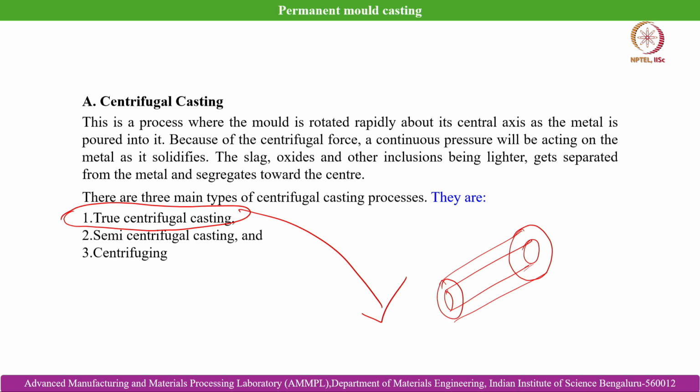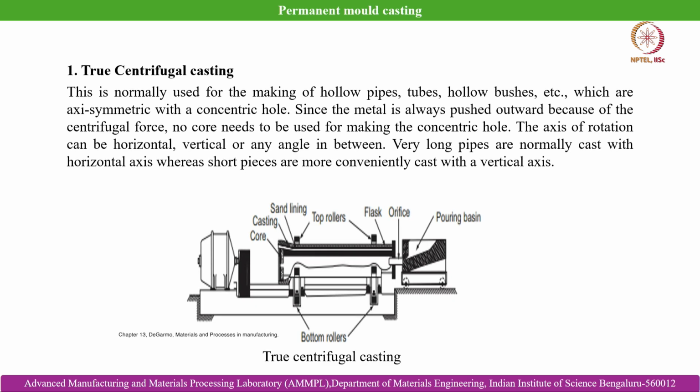These are otherwise very expensive if we manufacture them by the conventional sand casting route, and then we have to do a boring process to get the concentric hole at the center. That can otherwise be directly achieved in near net shape by virtue of true centrifugal casting. So, we will go into true centrifugal casting.